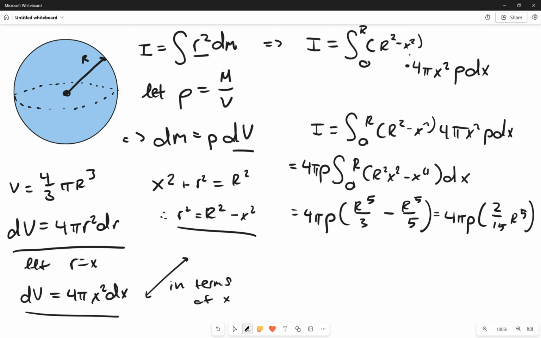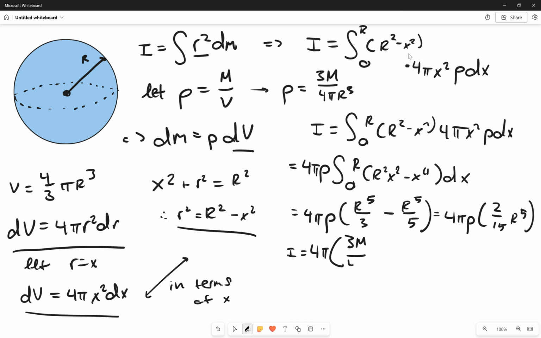We're not done yet, because remember we defined rho as m over V. So rho, because we know that volume is this, is just 3m over 4 pi R cubed. Now let's sub that in, and we'll see that something really nice happens.